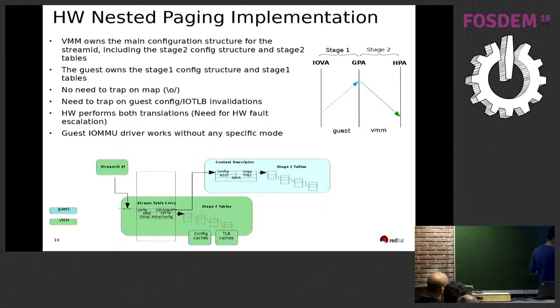On one side you have the stage 1 configuration, and on the other side the main configuration structure that contains the stage 2 configuration, and that's well separated. The main configuration structure, which is called the stream table entry on ARM, is mastered by the virtual machine monitor for security reasons, because you couldn't have the guest operating system update this structure directly, as it could change the mapping assigned to this stream.